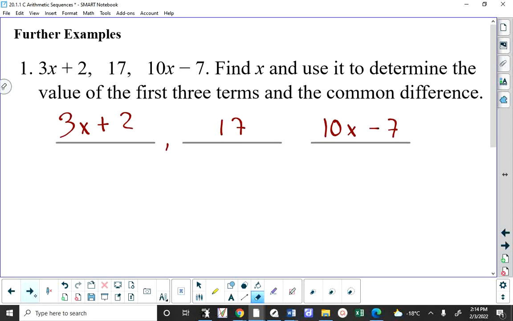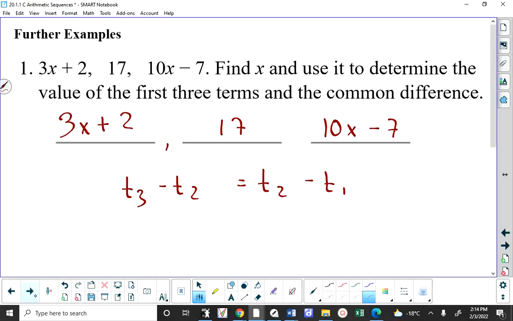Right? So I'm starting off with this idea that T3 minus T2 has to give you T2 minus T1, because both of those are legitimate ways to calculate the common difference. Now, normally you would take T3 minus T2 and figure out a number, but we don't have a number, do we? Because there's an x there.